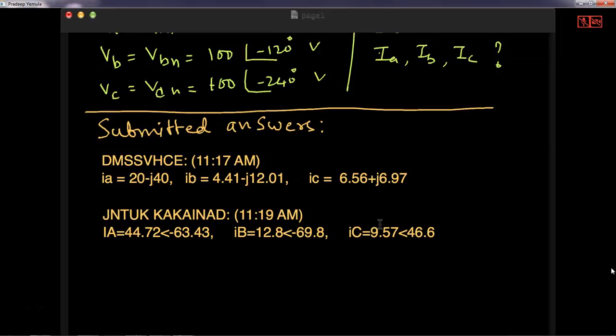So is this both same? So it appears that the answers are somewhat correct, but then we still need to confirm. Any other college want to submit answers? Okay, so one more answer we got.